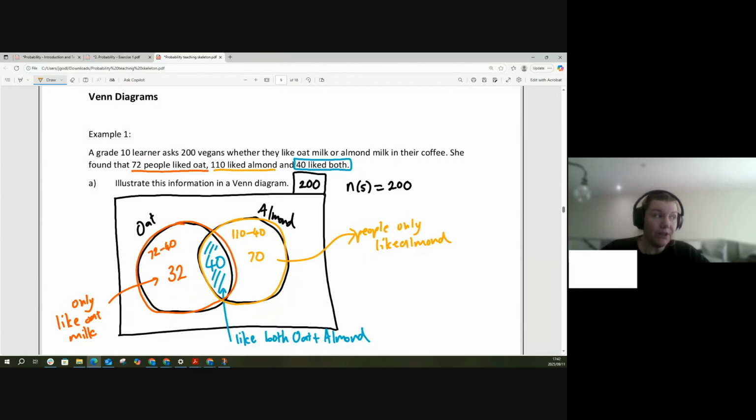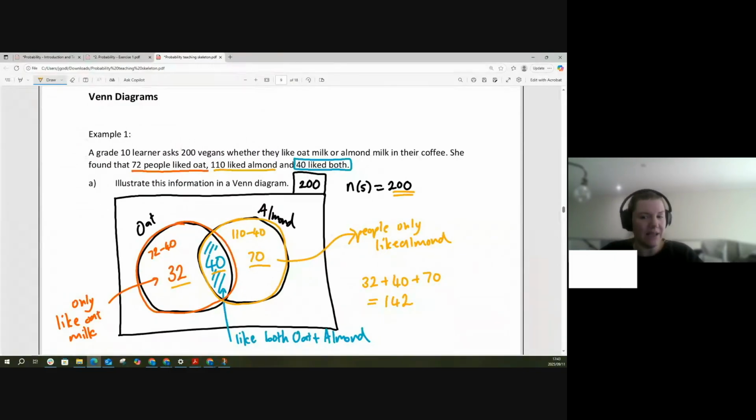So now what we're going to do is add things up. So we have 32 people over here, 40 people over here, and 70 people over here. So 32 plus 40 plus 70. So what's that going to give us? That's going to give us 72 plus 70, which is 142. Now, the problem is we know that our sample space is 200.